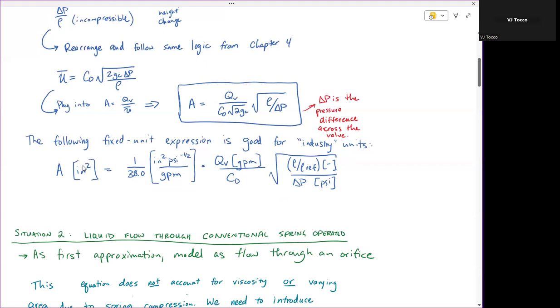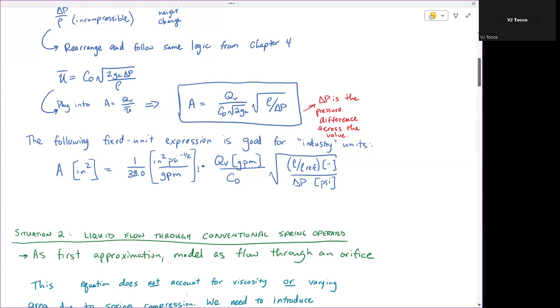So the textbook has this very handy and helpful fixed unit expression that uses all US customary units. And you can derive this for yourself. It's not a ton of work, but I've done it once and it's more cumbersome than I had the taste for. But anyway, you end up getting this 1 over 38 factor, and that basically accounts for all the unit conversions that you would need to do in order to have this be a dimensionally consistent equation.